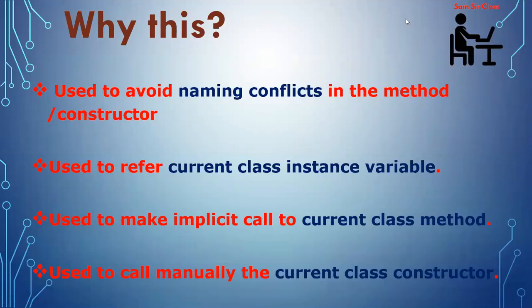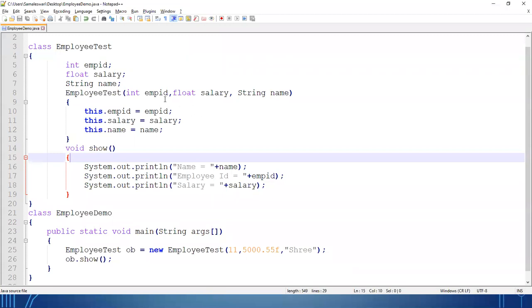So the first point we have discussed is that it is used to avoid name conflicts in the method as well as the constructor. Wherever you are providing the same name, suppose you are passing the argument through the method and you are providing the same name, then also the this keyword can differentiate that.